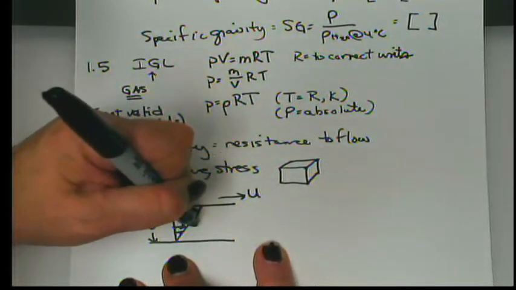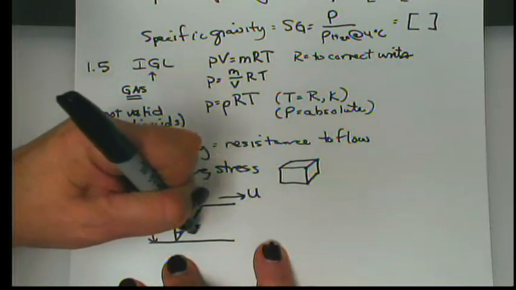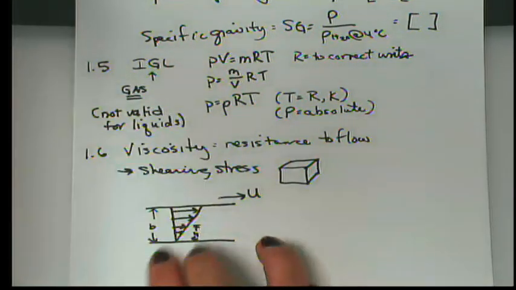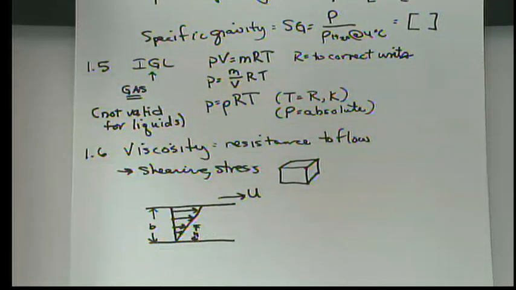You can probably guess that there's some relationship. It's sometimes a linear relationship, and in this particular example, it's a linear relationship that defines how this looks.